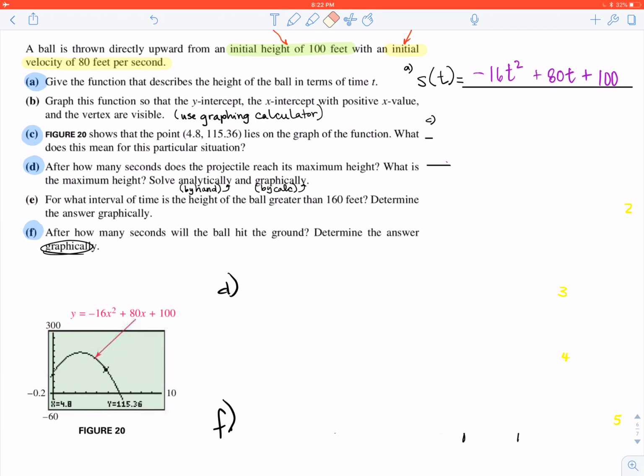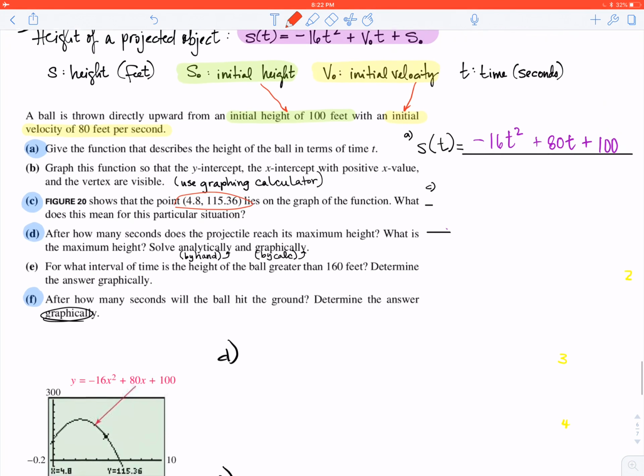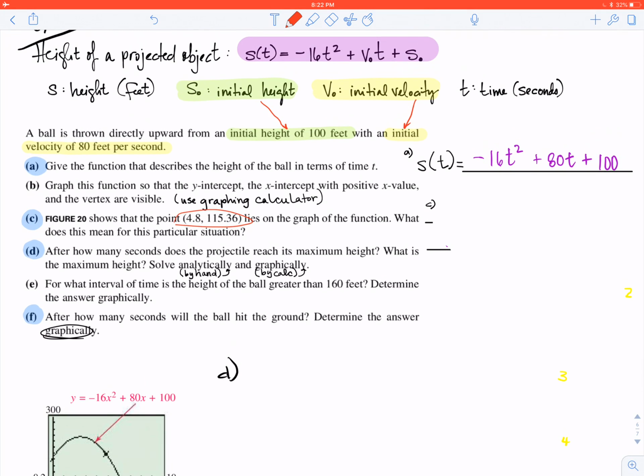It says the point lies on the graph of the function. What does this mean for this particular situation? The point that we're looking at is this point here, 4.8 and 115.36. If you take a look, our old x's and y's have now become t's and s's, times and heights.